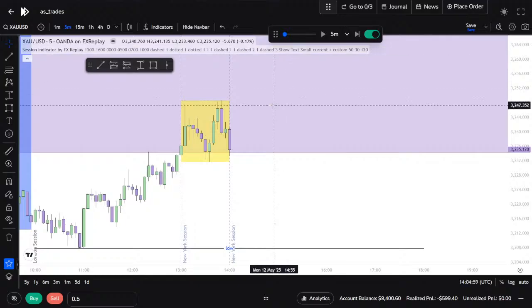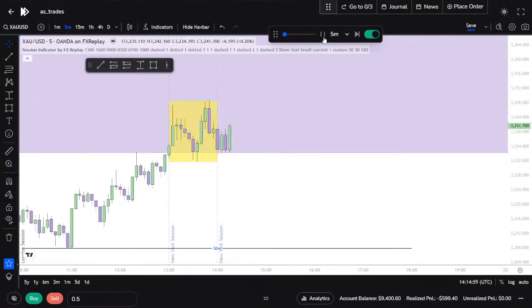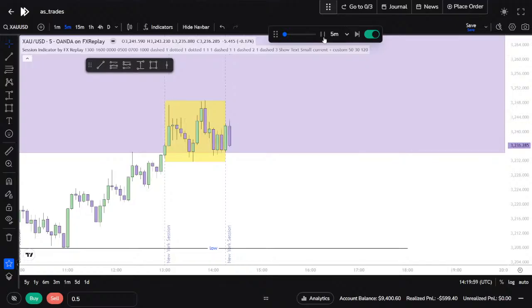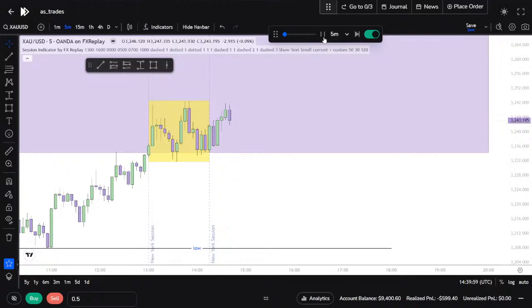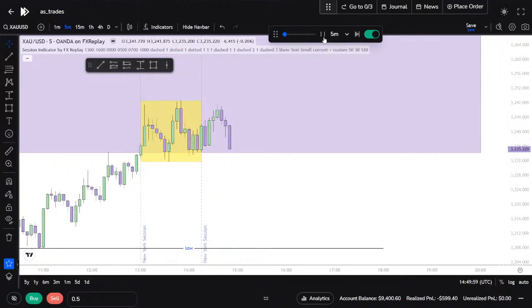Oh, okay. That's not really a lower low yet. So we're gonna have to wait till another candle. Oh, that is consolidation. It's fighting right now. Okay, stays in the uptrend. Now let's see what happens here.